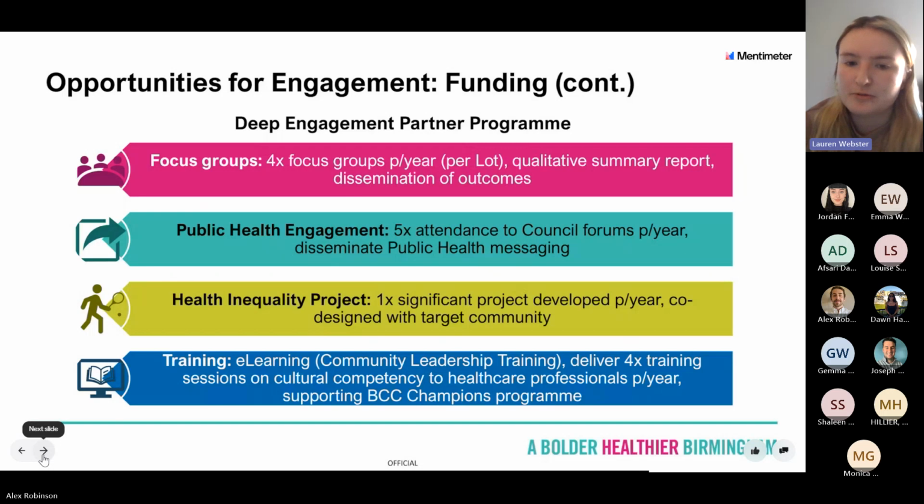You'll be working towards a health inequality project: 1 significant project developed per year, co-designed with the target community. And then you'll be working with e-learning, community leadership training, to deliver 4 training sessions on cultural competency to healthcare professionals per year, and supporting the BCC Champions programme.